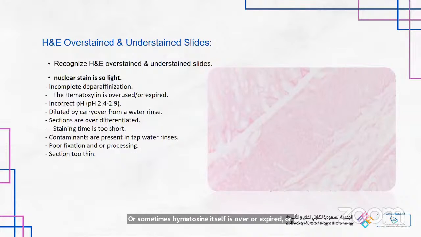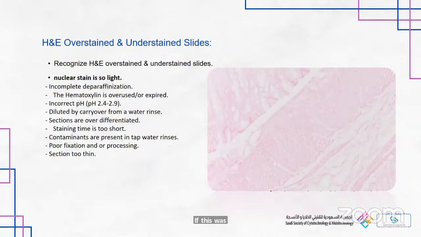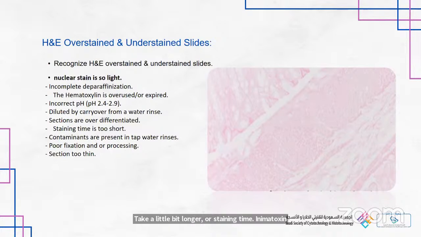Also, the pH can cause the problem if it was incorrect, or maybe the differentiation step takes a little bit longer, or the staining time in hematoxylin is too short. Also, the fixation could be a problem if done improperly. And as you know, guys, fixation always affects almost everything. And sometimes it may be a cutting problem, where the section is cut too thin.